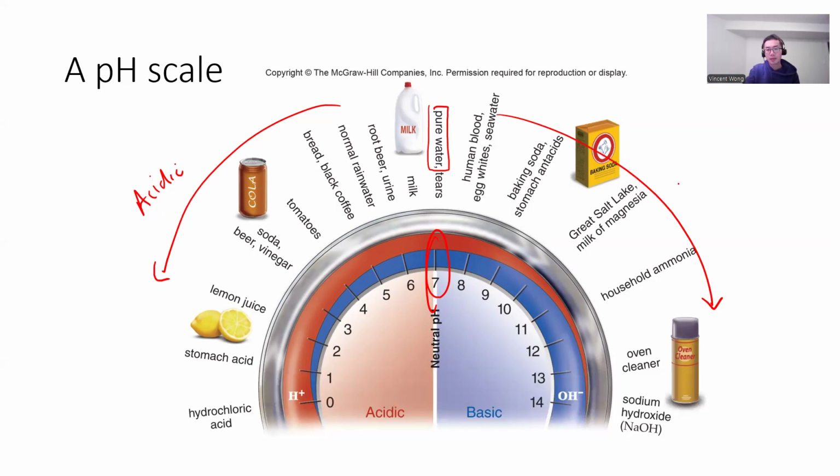Think cleaning products. Most of the cleaning products are basic. Baking soda, ammonia, bleach, all those things are basic. If you have really bad heartburn, which means you have too much acid in the stomach, then you take Tums. Tums are basic. It will neutralize it and make you feel better.